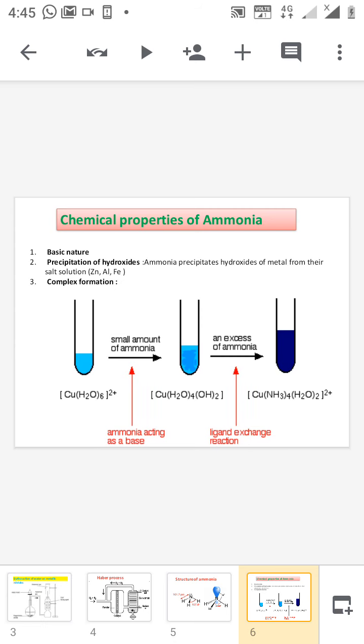Next is the complexing property. Ammonia acts as a ligand, and it is a good Lewis base due to the presence of the lone pair on nitrogen.